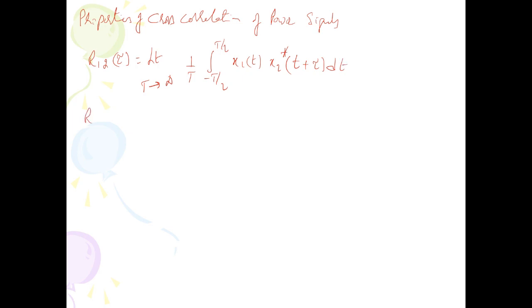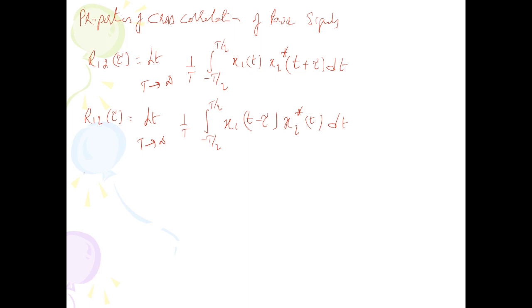Or we can say this is R12 of tau. A similar effect can be obtained by considering the limit T tends to infinity 1 by T integral minus T by 2 to T by 2 x1 of t minus tau into x2 star of t dt.